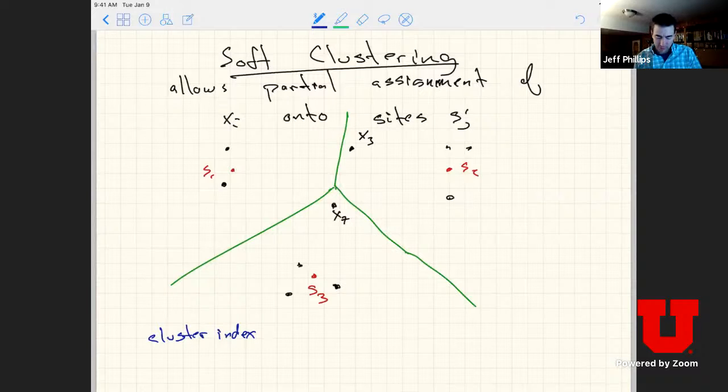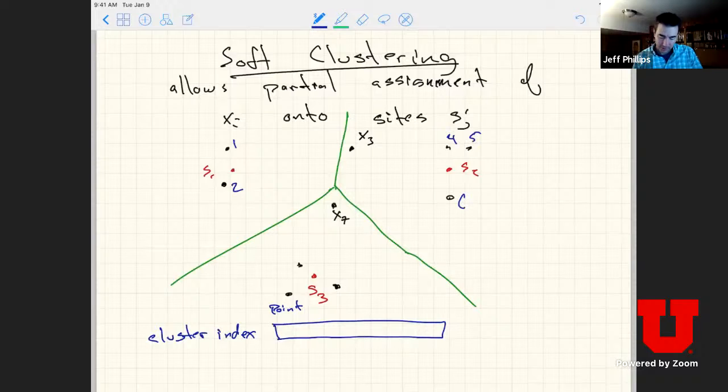Implicitly, you've got this array, and it has the point number. So let's say I've got 1, 2, 3, 4, 5, 6, 7, 8, 9, 10.